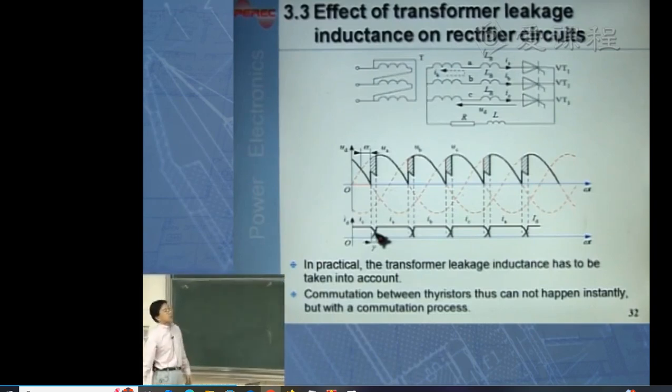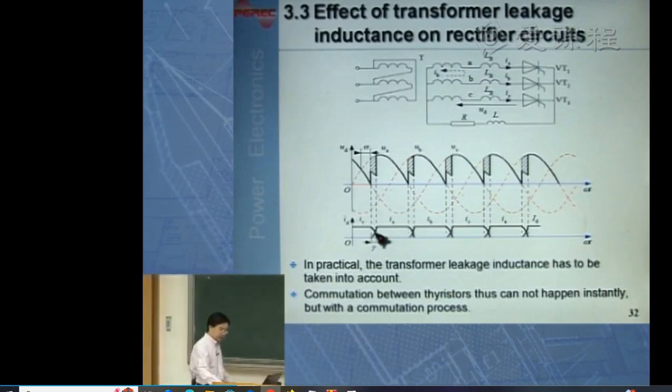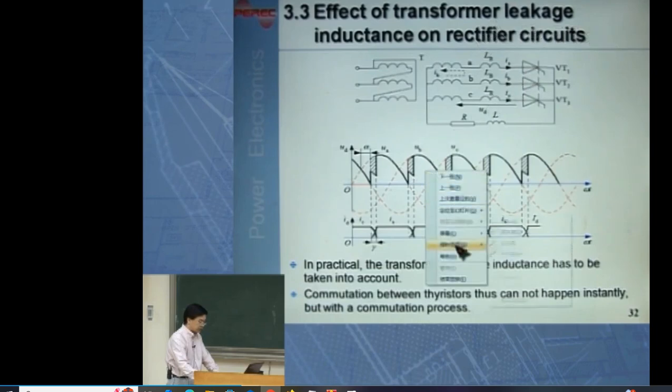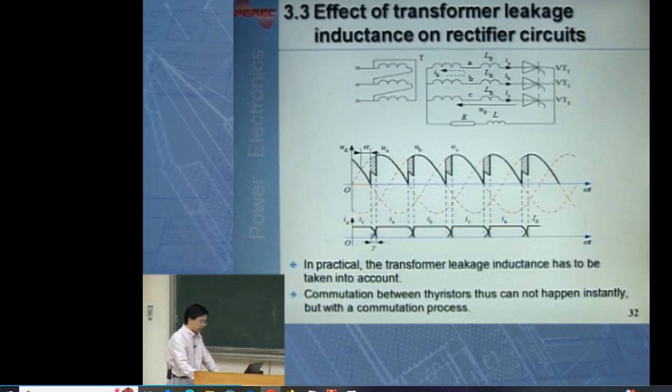Now let's look at this process. Let's take an example. During this interval here, when you trigger VT2, you want VT2 to be conducting, and therefore VT1 turns off. Look at this period of time.